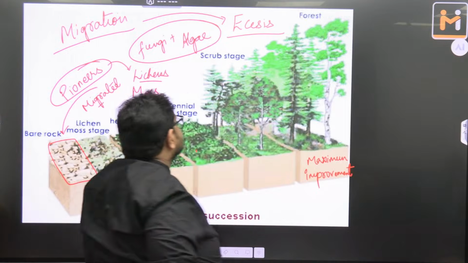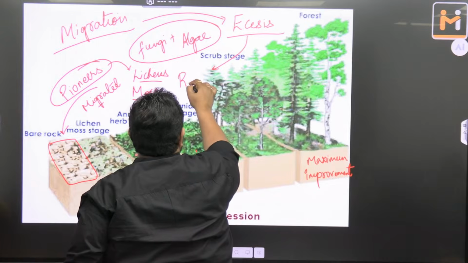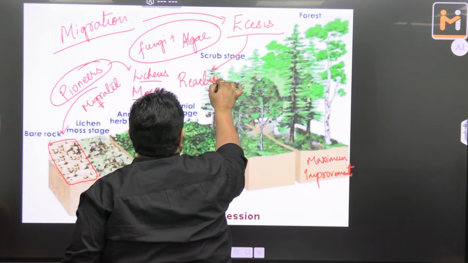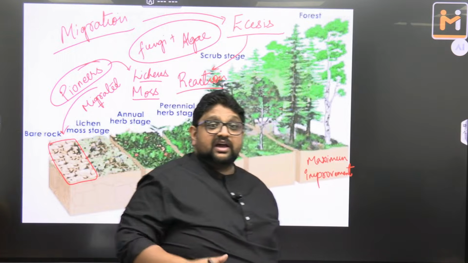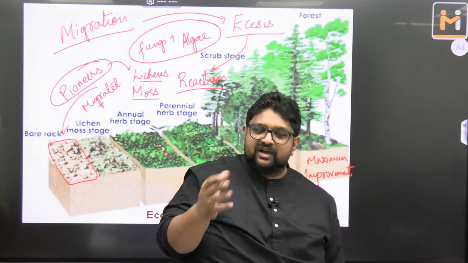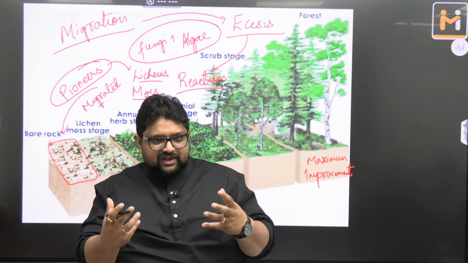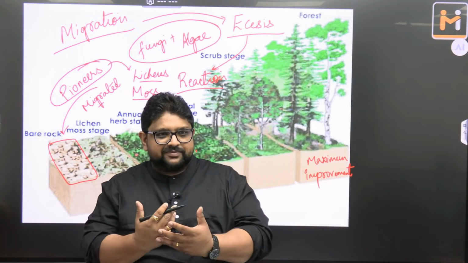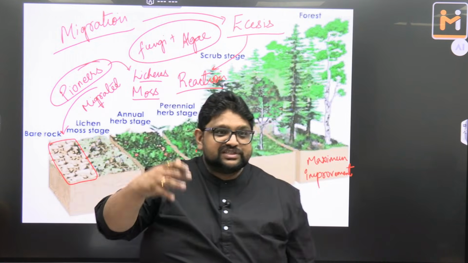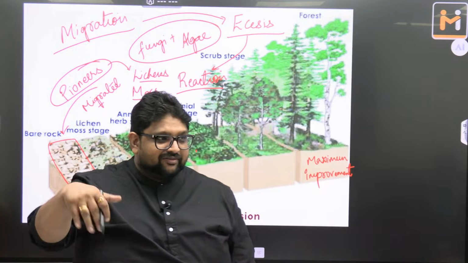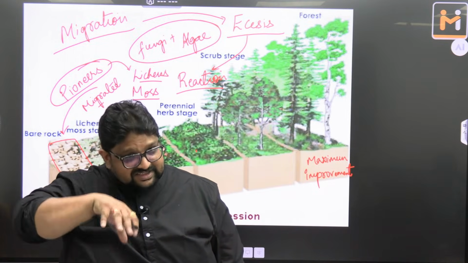Once they start establishing, what will happen? There will be reaction. There are local factors of the locality: the environment, the temperature, the soil. So there will be reaction of these organisms with that environment. Slowly these organisms will try to change that environment, and if the organism cannot change it, then it will start changing itself.